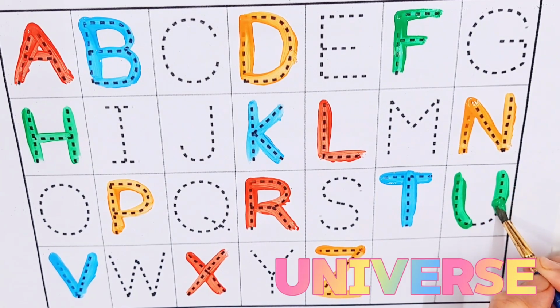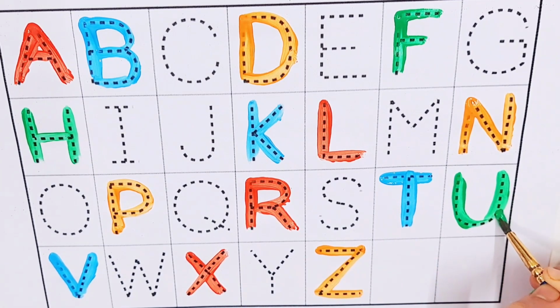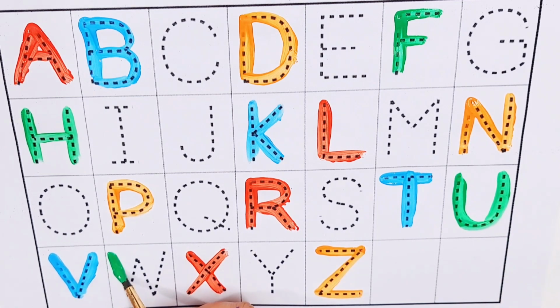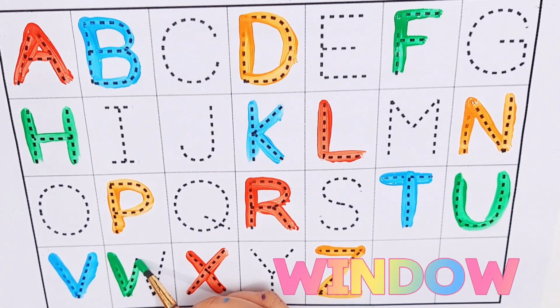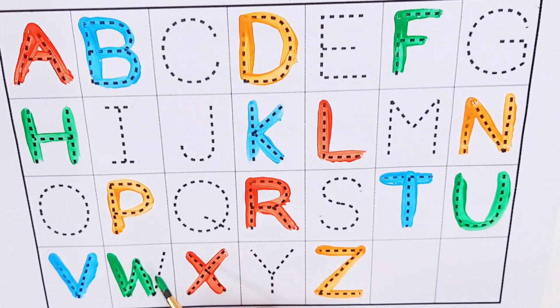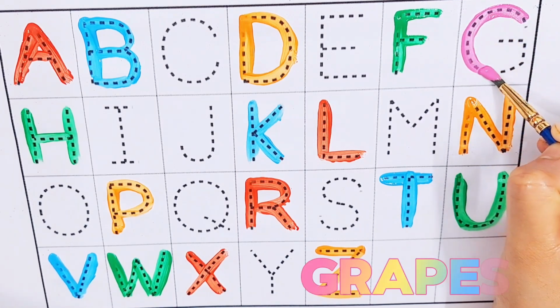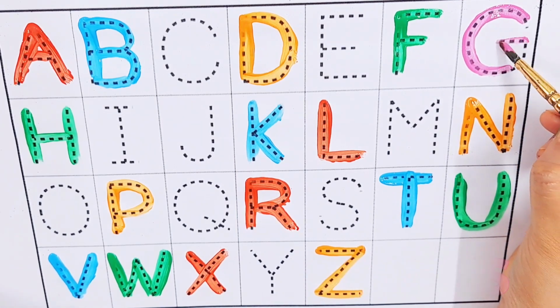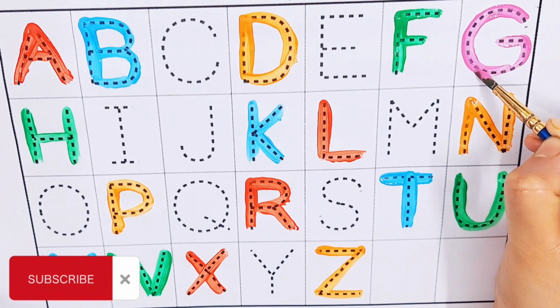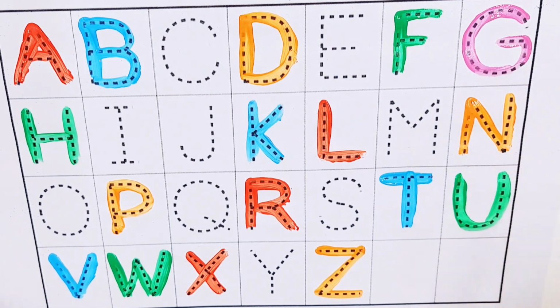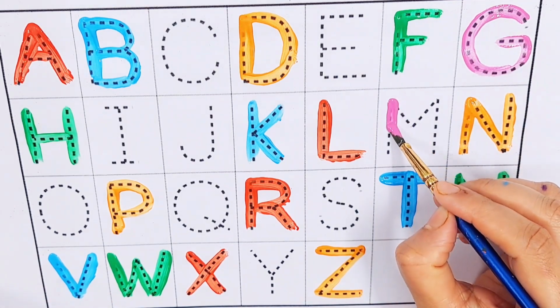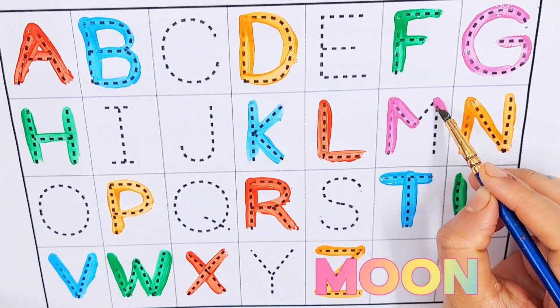U for universe. W for window. G for grapes. M for moon.